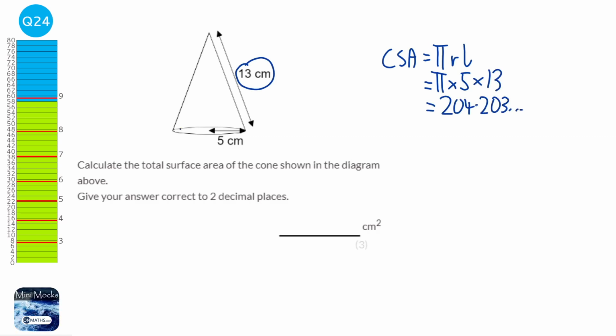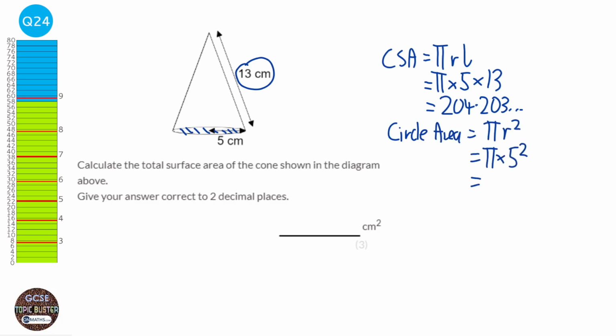We've got to then work out the area of the circle at the bottom. So the area of the circle, the formula is pi r squared. So it's going to be pi times 5 squared, which is 78.539, blah, blah, blah.